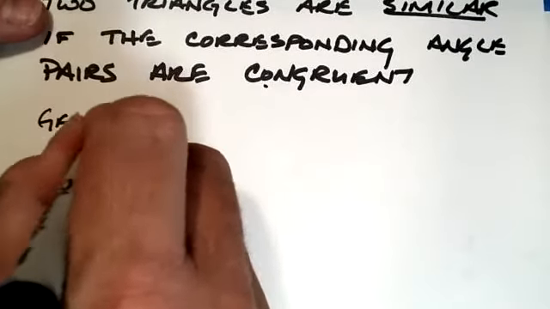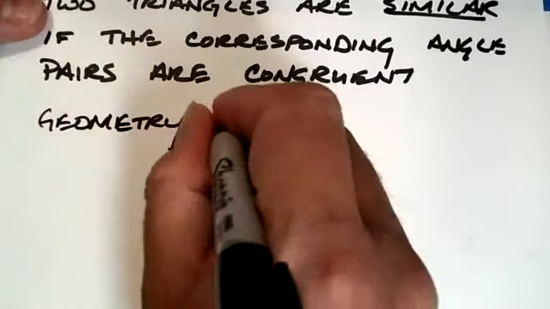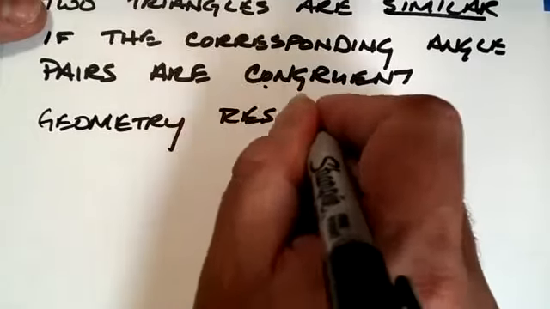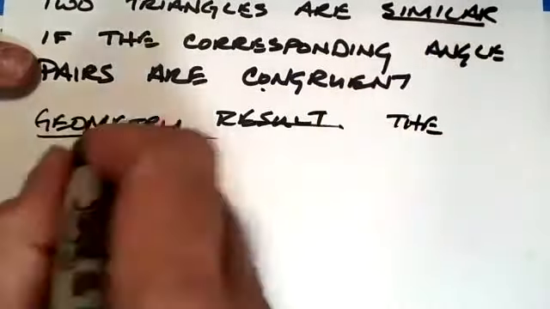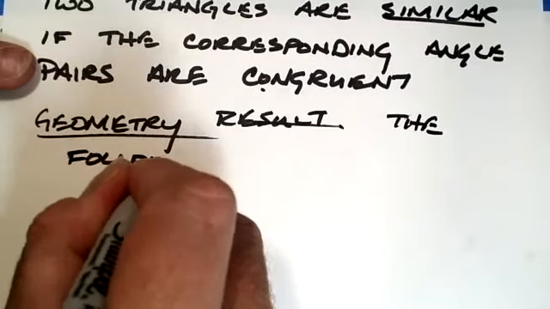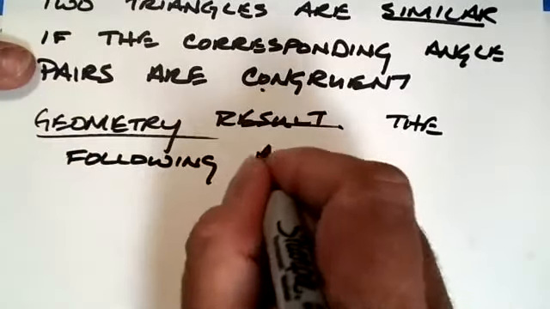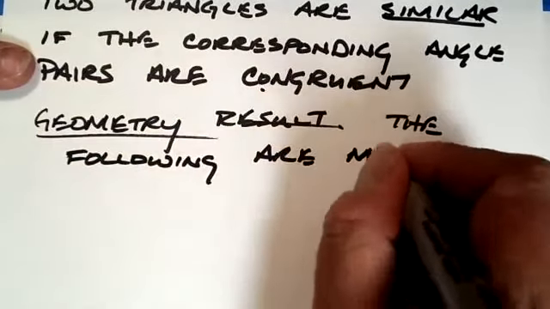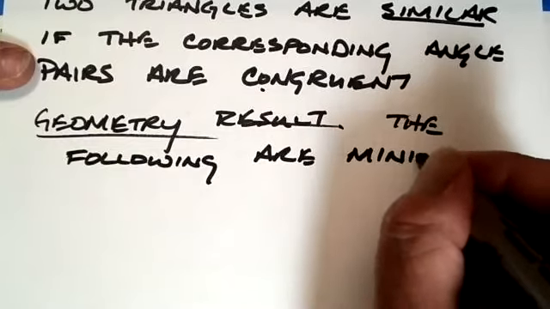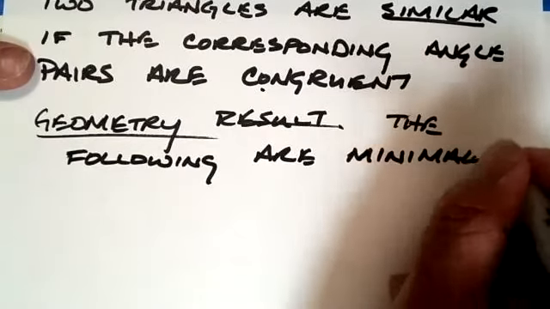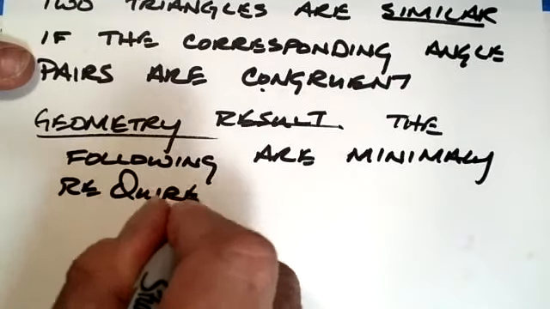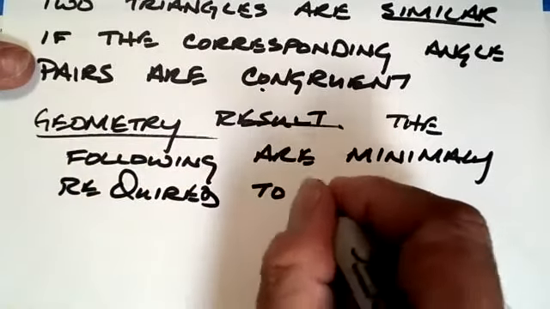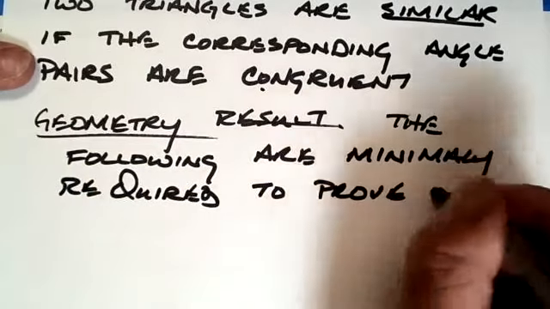I'm going to go ahead and write those down. Geometry results. The following are minimally required to prove congruence of triangles.